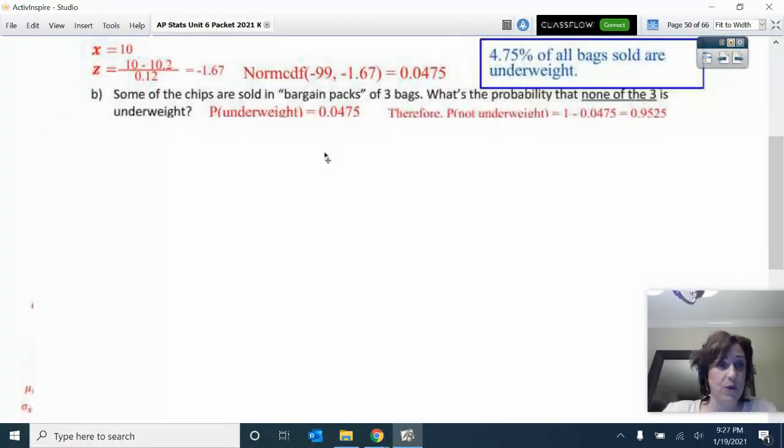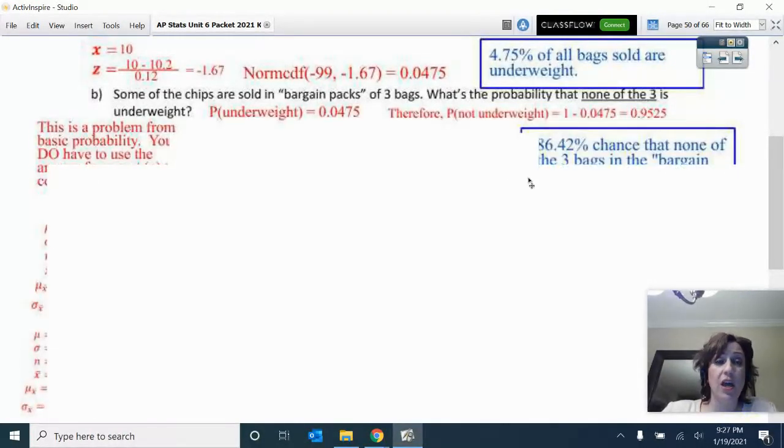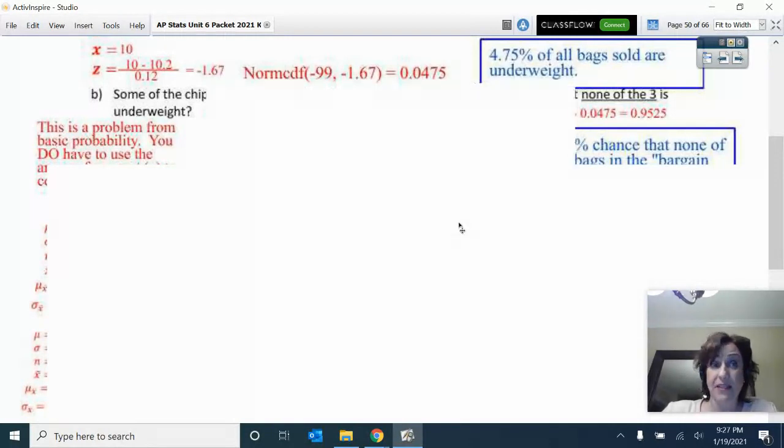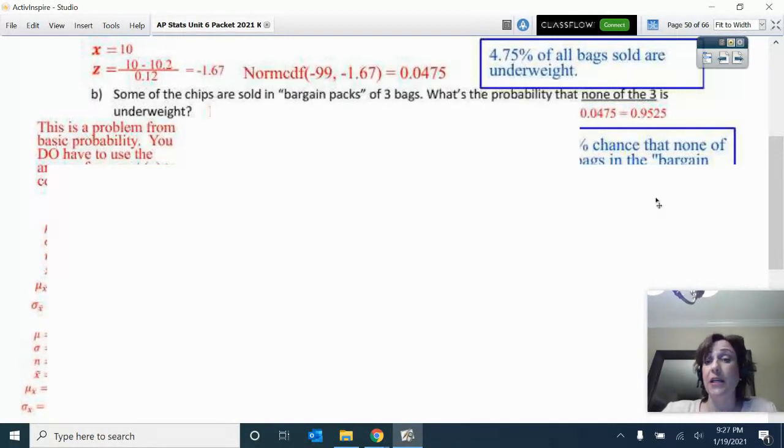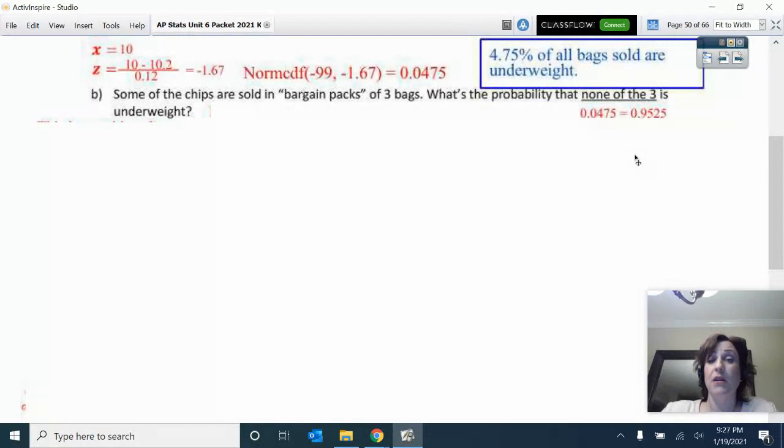Now, take a look at this next one. Some of the chips sold are underweight, okay? And they're sold in bargain packs where you get 3 bags of chips. What is the probability that none of the 3 is underweight?